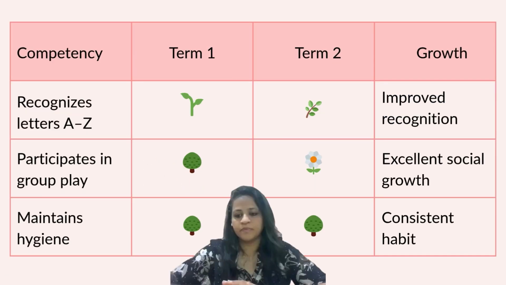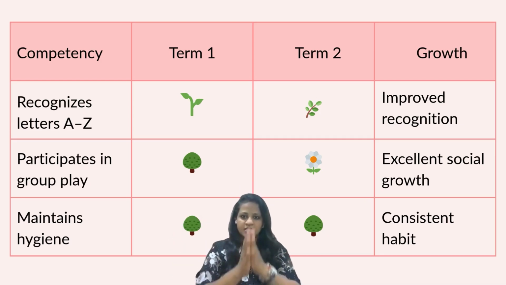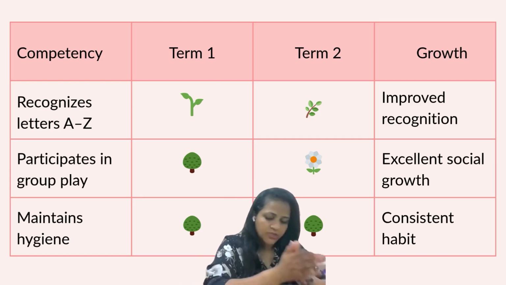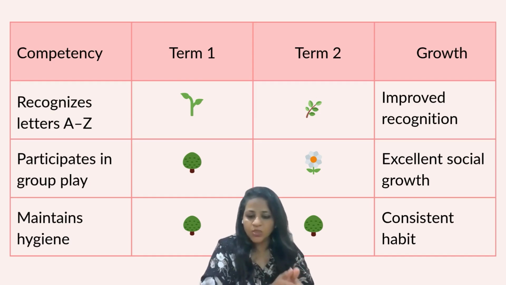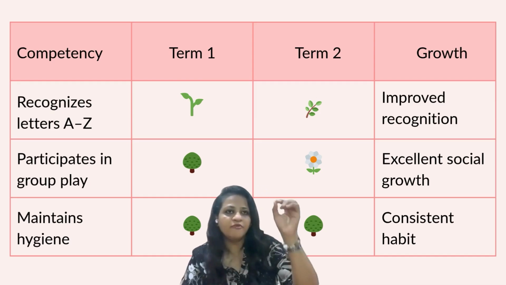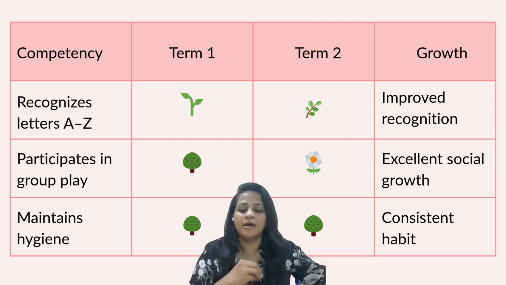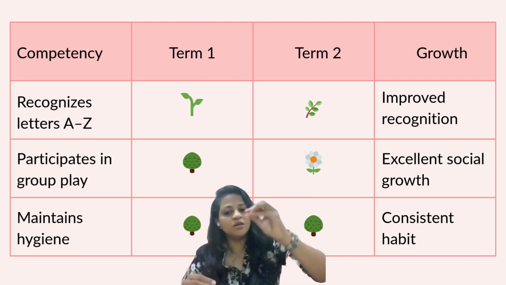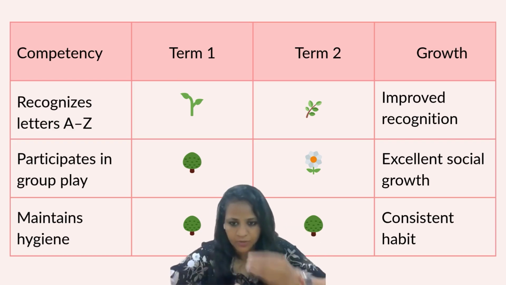Now I'm showing you the basic competencies that we looked into. These are the learning outcomes that we selected from the DG, that is, the developmental goals. If there is a developmental goal of recognizing the entire alphabet by this time, we've simplified it for the parents and put it across.